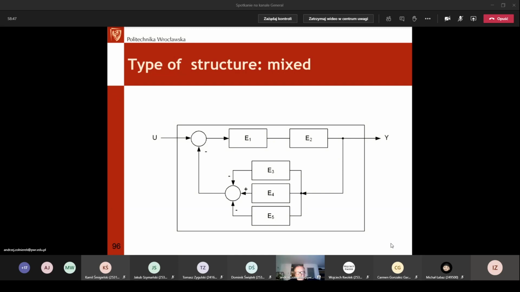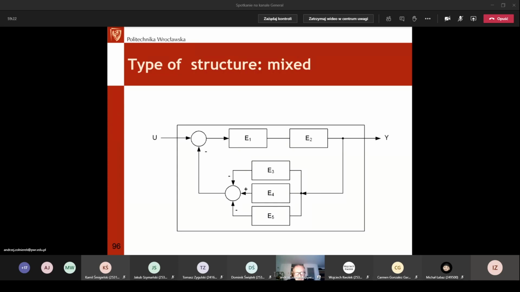First of all, when I would ask you about the property or properties of this system, in general, when we deal with static systems, it is a rather simple task, because I would say that this system will behave as a certain static element of a certain amplifying coefficient. That's it.